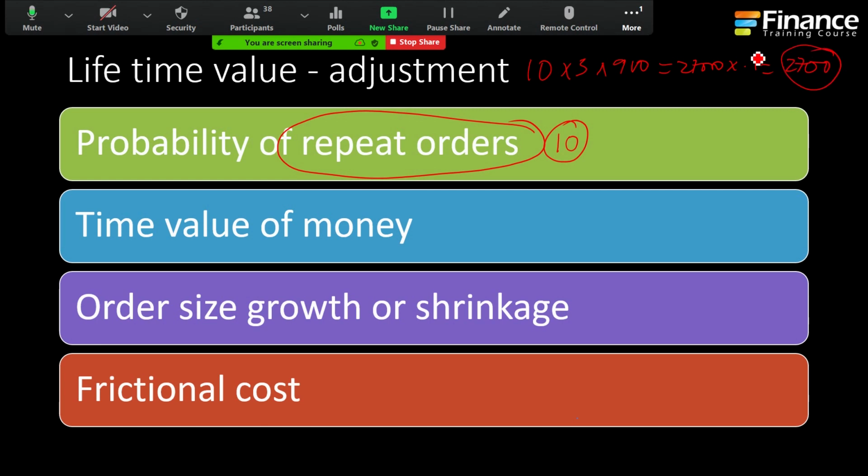So now the lifetime value is no longer 27,000, it's 2,700. What if it's not 10%? What if it's 50%? If it's 50%, then this would become 13,500, because this 0.1 would become 0.5. Does that make sense? Are you following what's happening?